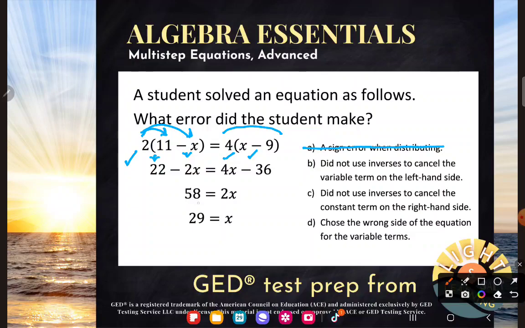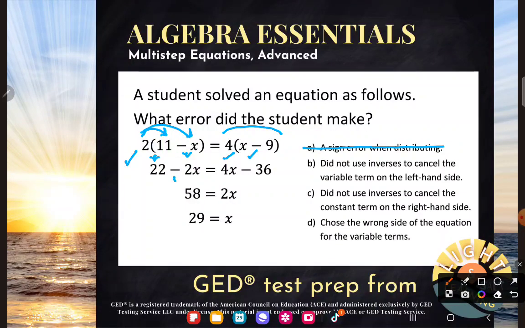In the line below that, we just have a constant term on one side and a variable term on the other side. So it looks like they moved them both at the same time, and we are going to want to do the same thing, moving in the same direction as they did, if we're going to make sure that they didn't make an error. It looks like they moved the x's over to the right-hand side. So I will do that.